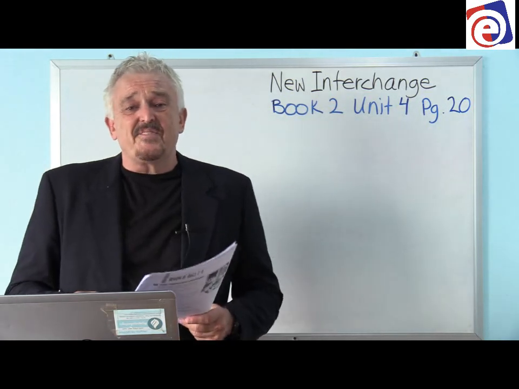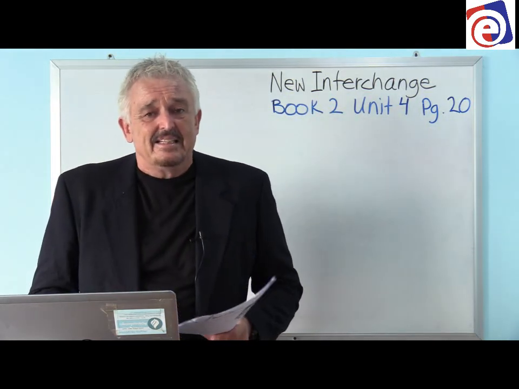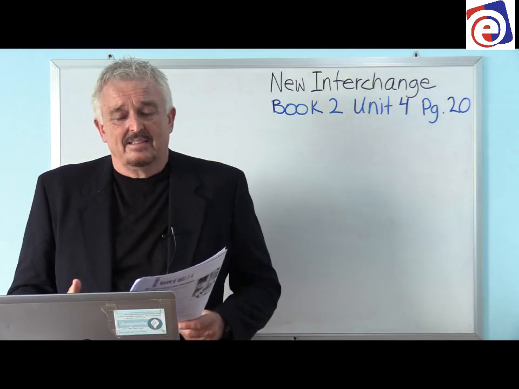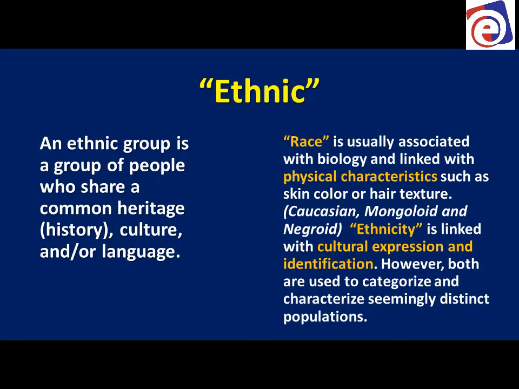But what's the difference between ethnic and race? A race is usually associated with biology and linked with physical characteristics. An ethnic group is associated with similar culture and history, but a race is associated with how you look, your hair, your eyes, your nose.